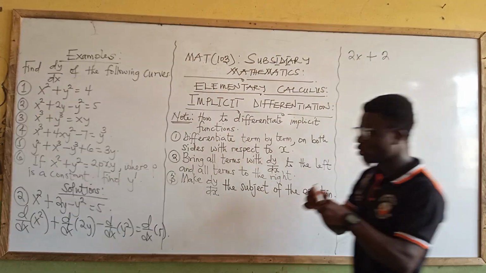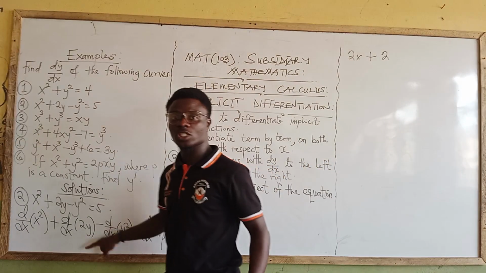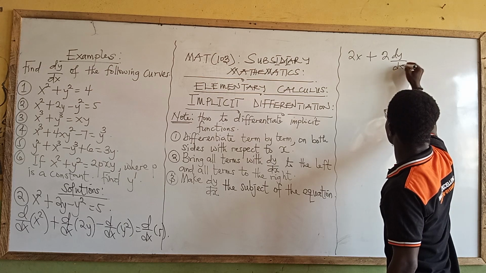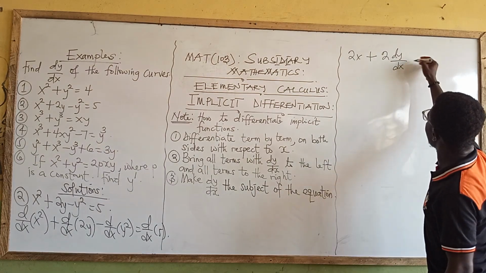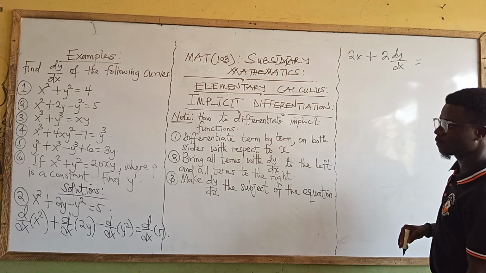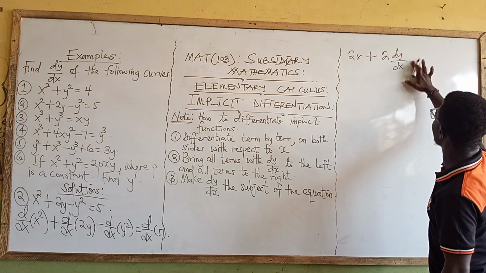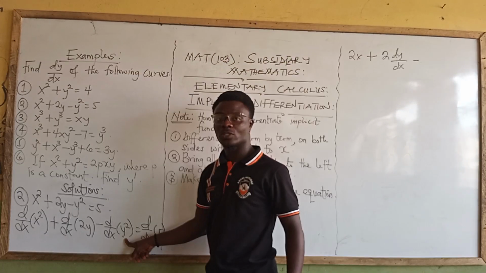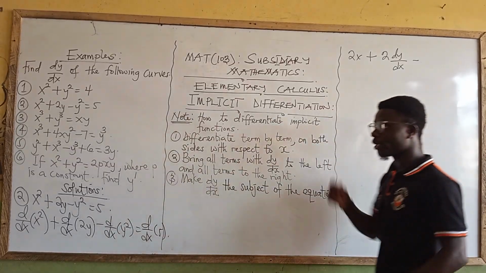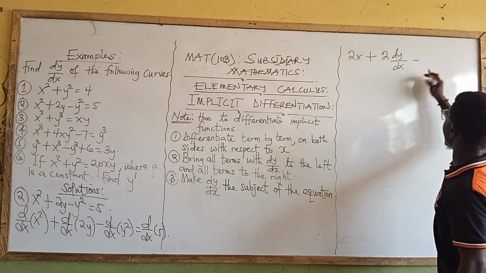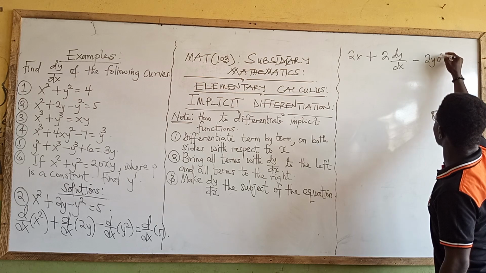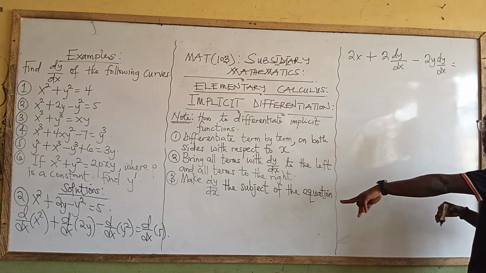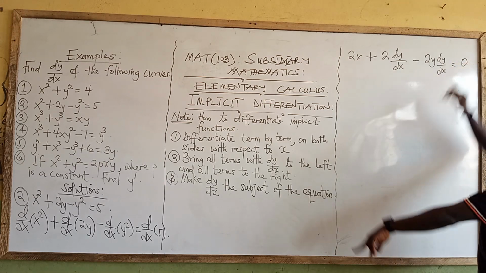Remember that we are treating y as a function of x, so we differentiate y with respect to x. Then I have minus d dx of y squared. We differentiate y squared with respect to x. We get 2y dy over dx, which must be equal to, we differentiate a constant, 0.